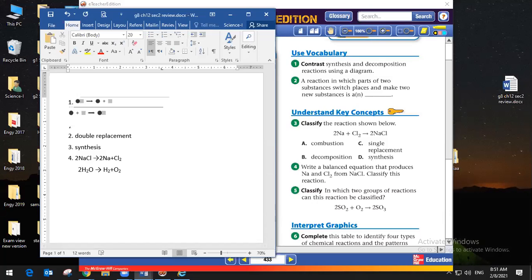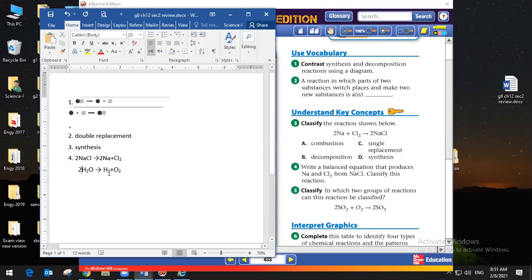Is it clear? Okay. So like this, how many hydrogen do we have on that side? 4. And on this side? 2. So what should we do? We should remove the 2 of the hydrogen. Remove it? No, we can't change the formula.